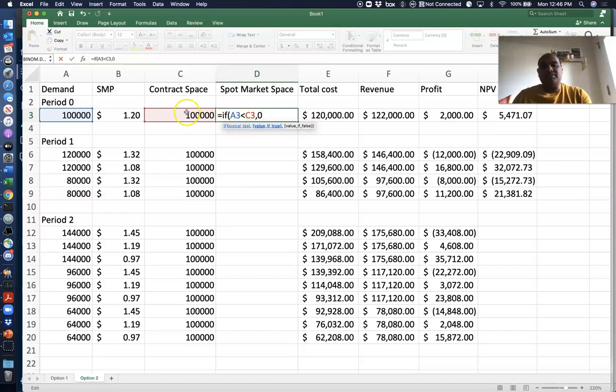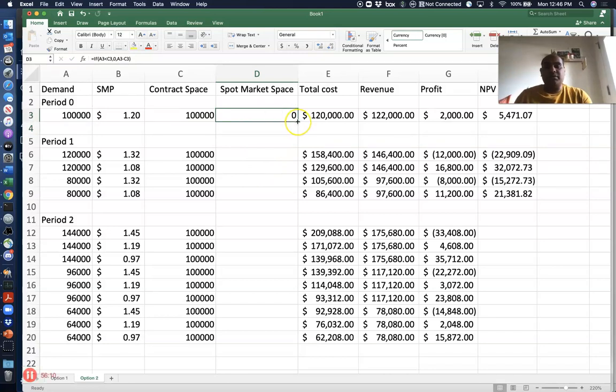Otherwise, I have to rent the difference between demand and contract space. So with 144,000, I have to rent 44,000 units on the spot market, or in this case, 20,000 square feet on the spot market.